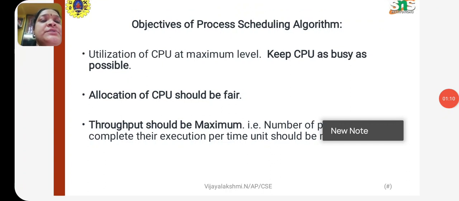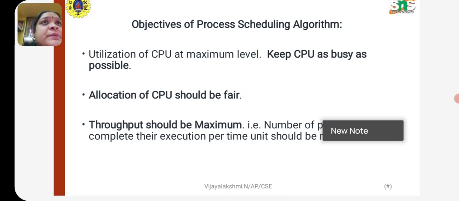What are the objectives of a process scheduling algorithm? Let me start with the first point. Utilization of the CPU should be at the maximum level, which means we have to keep the CPU as busy as possible.